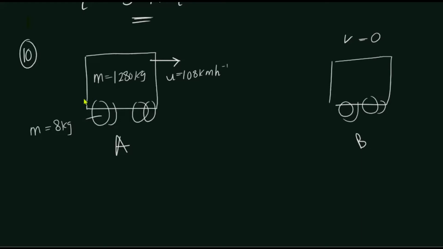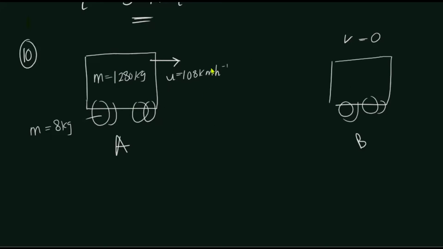Now, what has happened is that initially it had a kinetic energy, and when it stops, its kinetic energy becomes zero, which means the total kinetic energy has been lost.